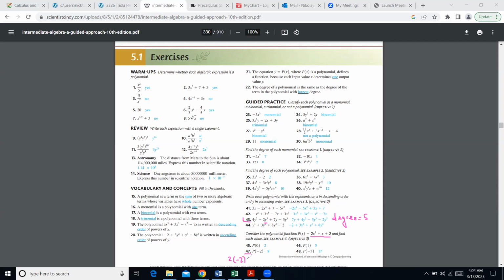So this is going to look like 2 times negative 2 squared plus another number negative 2, and then added with 2. So when you are asked to replace the unknown with whatever number, then you just plug it in and calculate, see what comes out.